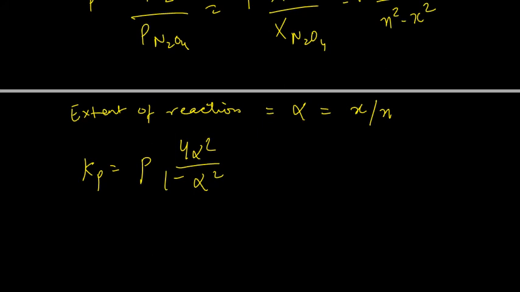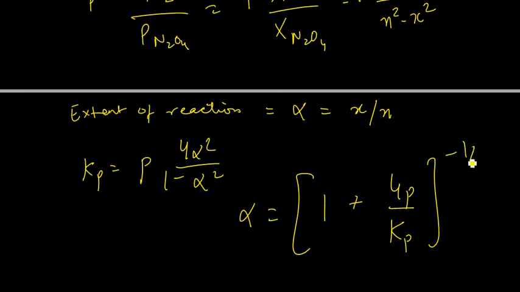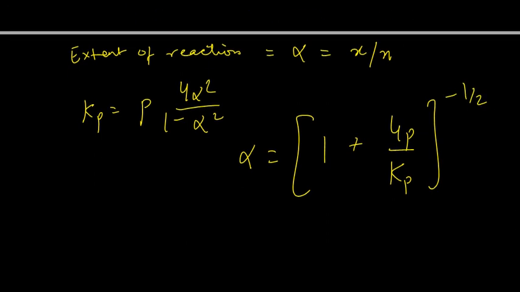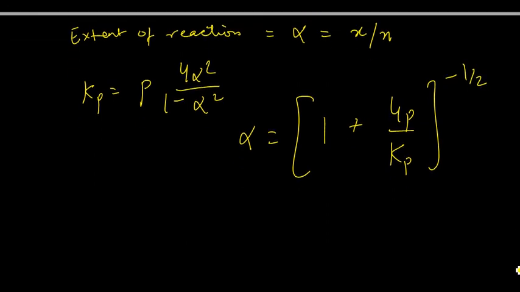If I do some juggling around, alpha is equal to 1 plus 4P by Kp, to the power minus half. You can do that algebra and you get back the same thing.